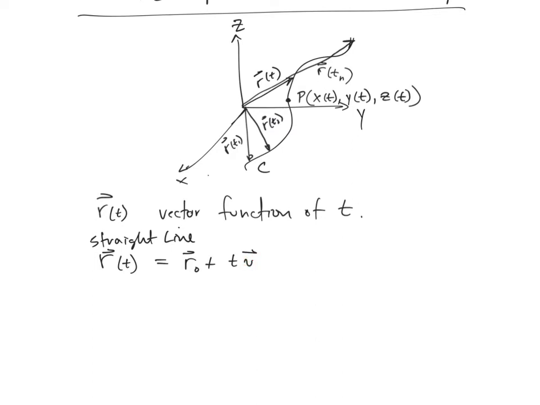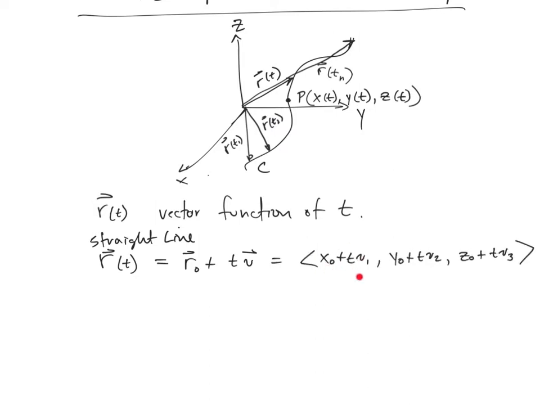So that was for our straight line, which is simply x0 + t v1, where v1 is the x component of this vector v, y0 + t v2, z0 + t v3, right?